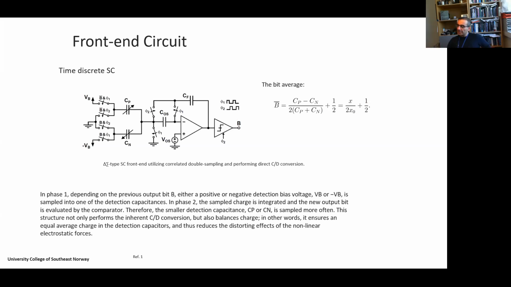Normally in a delta sigma modulator the output is a pulse train, and the more ones you have, the higher the value, and the more zeros you have, the lower the value at the input.